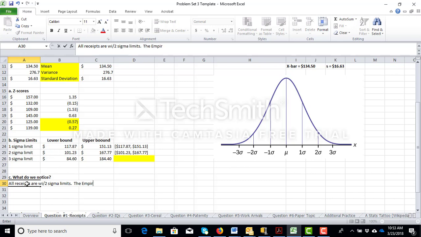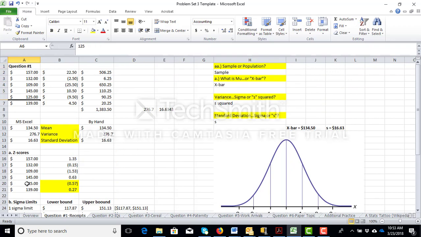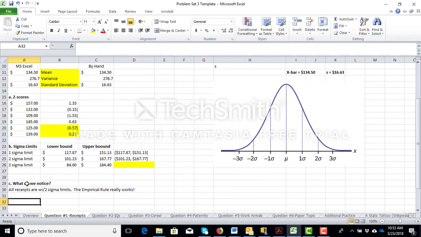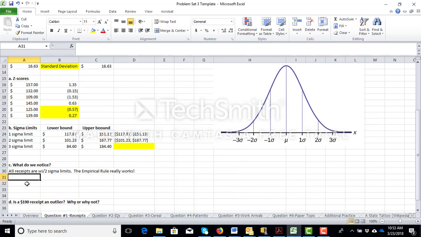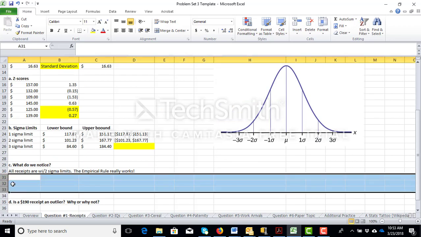The empirical rule really works. You say, well, David, you knew the receipts, you knew how this was going to come out. That's true, but if you pull data from your own place of business, data that's normally distributed, you're going to find that this works with that data set too. It's not just because I got specific receipts that I knew were going to work out well. We can use data from your places of business to show that this empirical rule really does work.